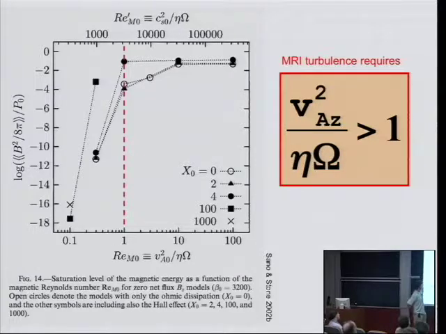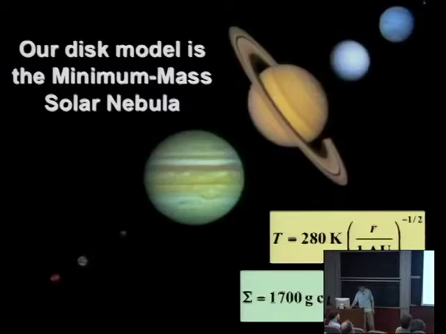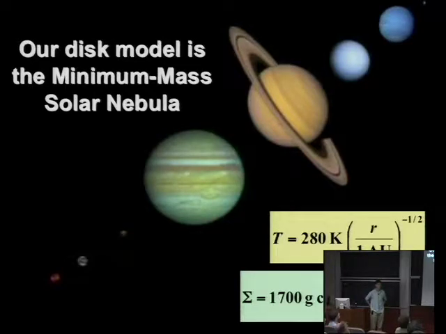But when it's smaller, the saturation amplitude falls off like a rock, and that's independent of the amplitude of the Hall term relative to the ohmic term, at least over the limited range that can be explored. So we're going to apply that criterion for magnetorotational turbulence to the minimum mass nebula.